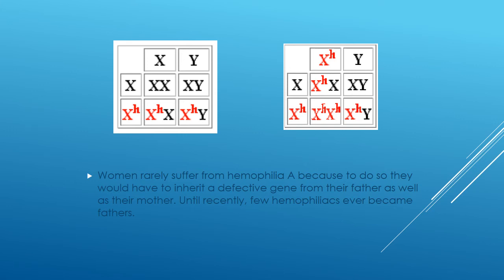Women rarely will suffer from hemophilia because in order for them to actually have hemophilia, they have to inherit a defective gene from their father as well as their mother. So they'd have to get both defective genes. And until fairly recently, there were very few hemophiliac boys that grew up old enough to have children. They would die when they were very young.